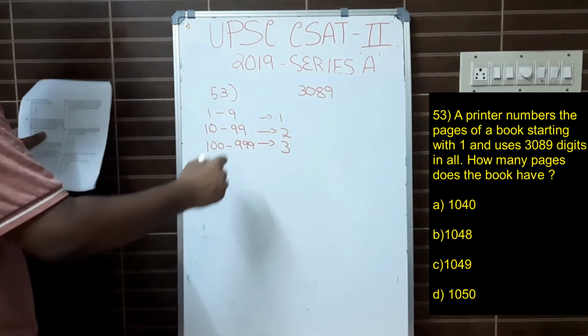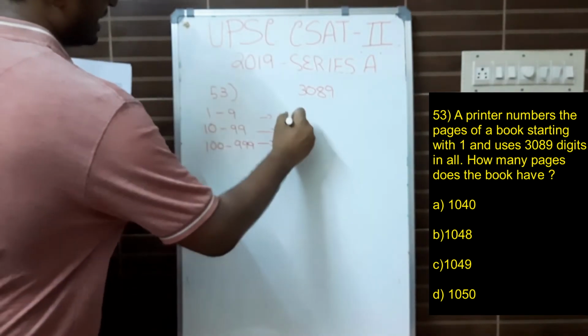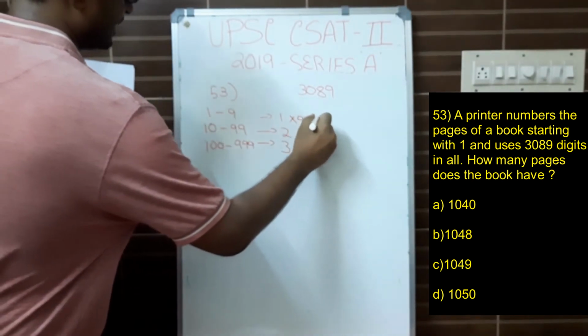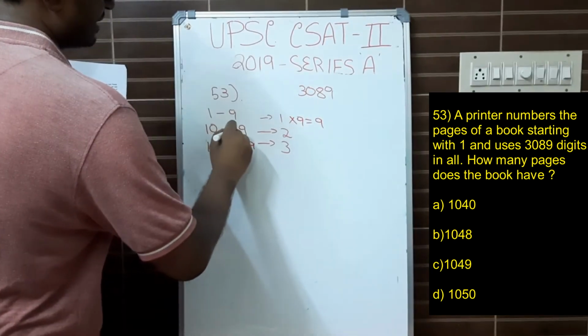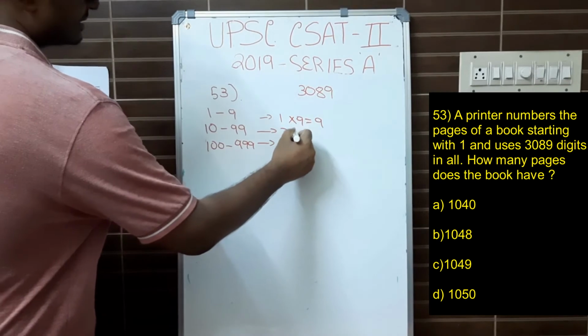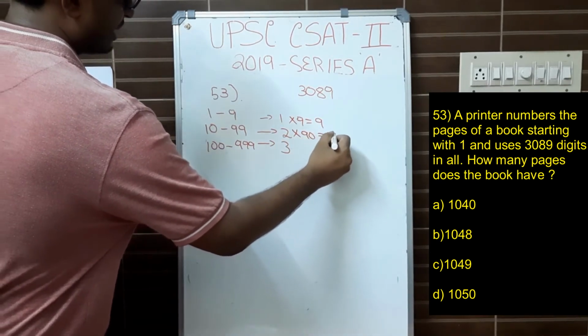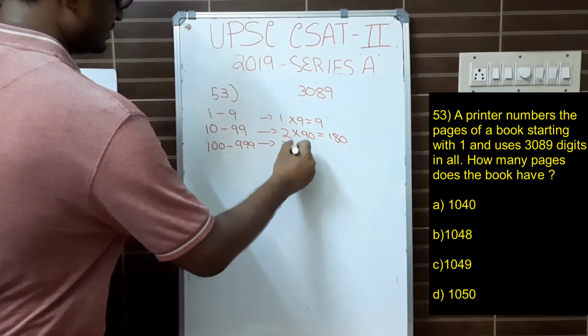Okay, now let's just total it up. Here we have 1 to 9, 9 numbers, so 1 into 9, 9 digits are consumed. Here we have 99 minus 10 is 89 plus 1, that is 90 numbers. So 2 into 90, 180 digits are consumed.